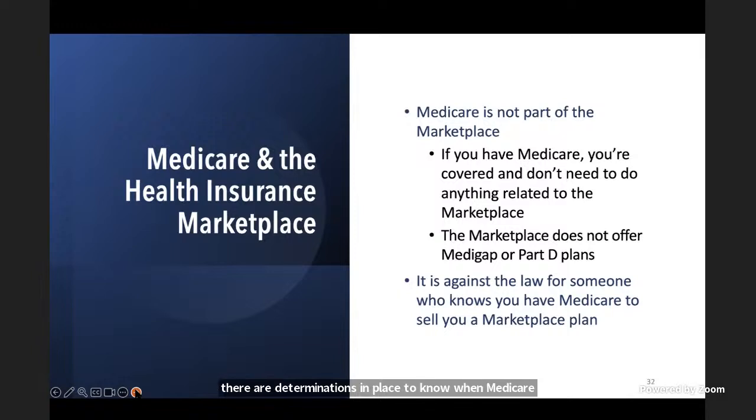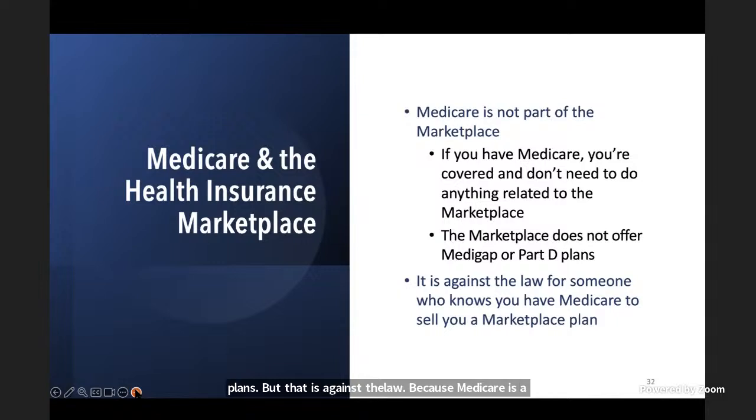Medicare is not part of the marketplace. So the marketplaces which were established under the Affordable Care Act does not include Medicare, and there are some not so good enterprising individuals that may try to enroll Medicare beneficiaries in marketplace plans, but that is against the law because Medicare is a standalone program and it is not part of the marketplace.